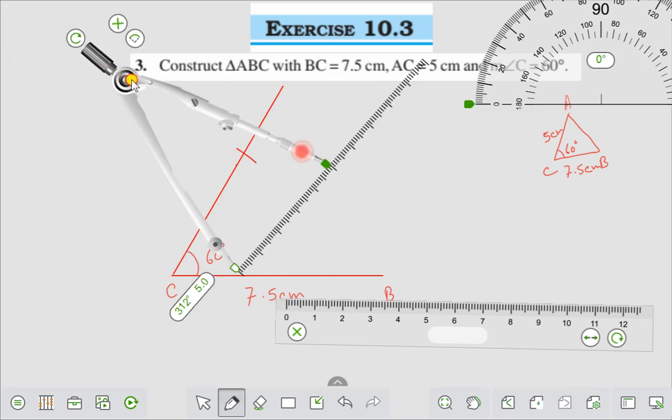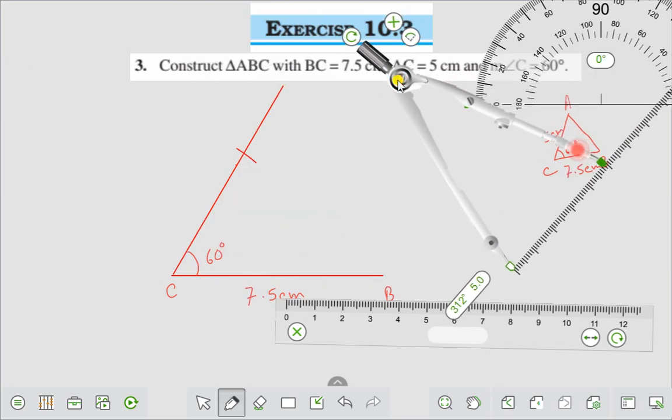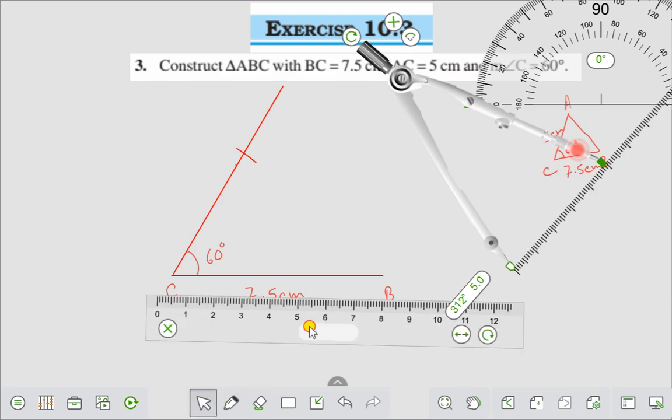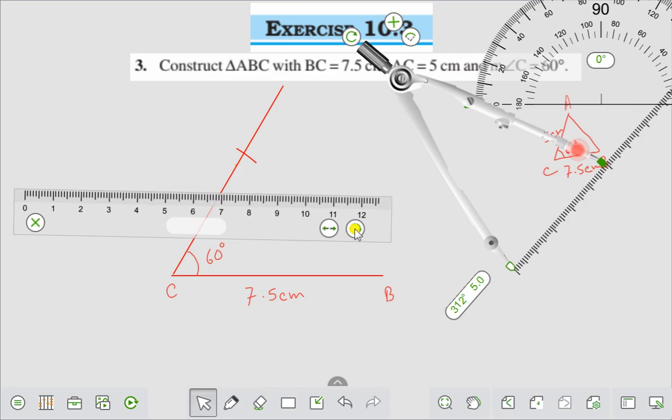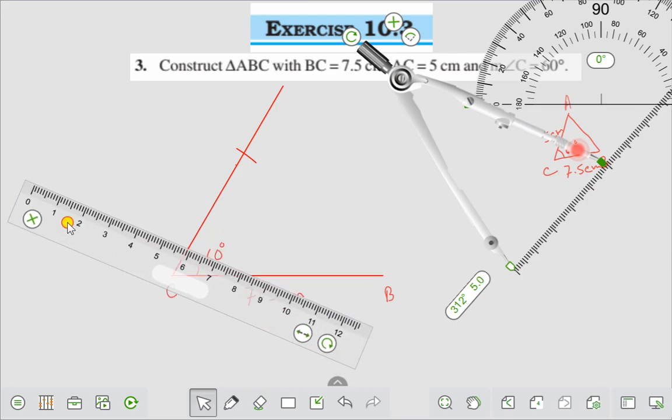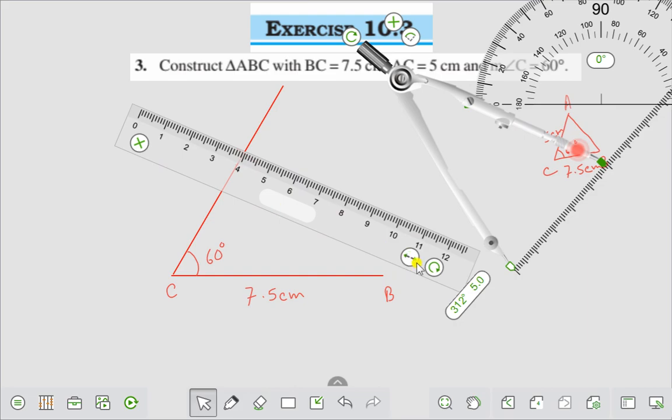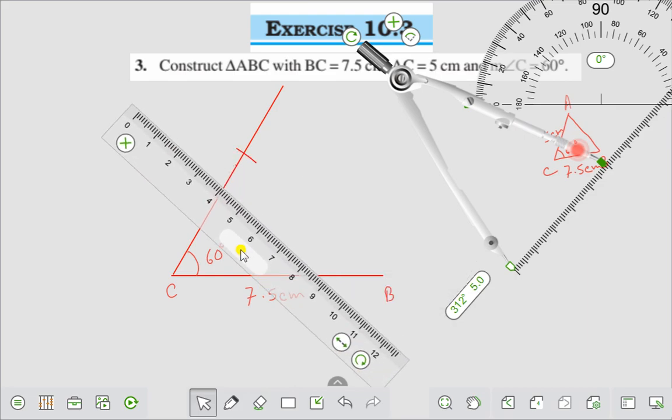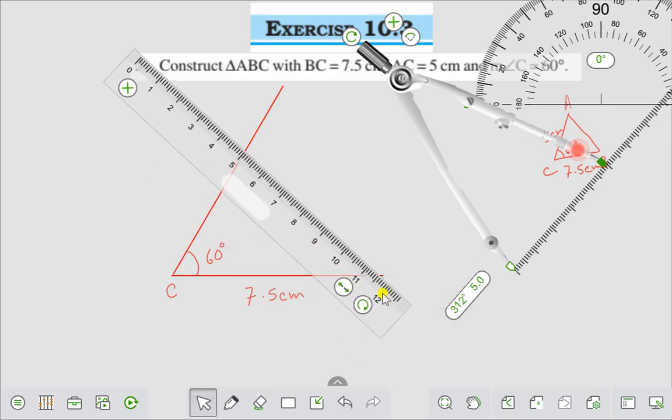Here we get the point. With the help of the ruler, join this point with this point.